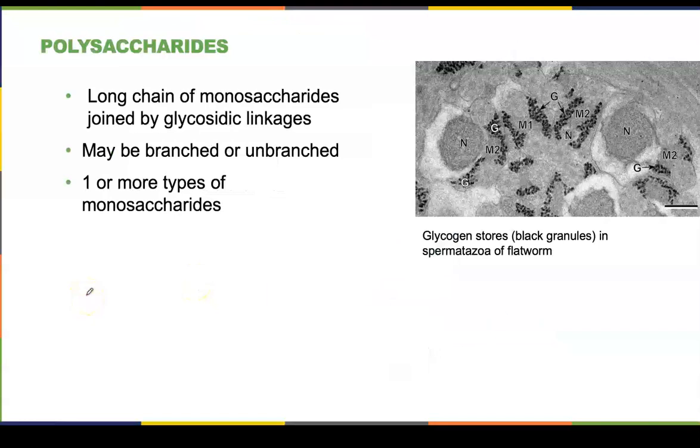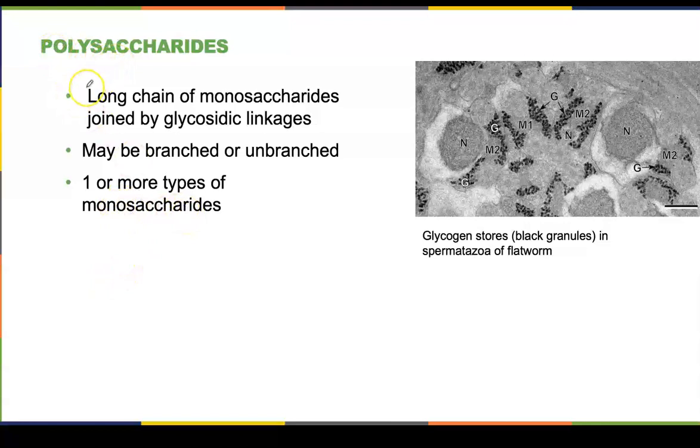We've talked about linking two monosaccharides into a disaccharide. As we start adding more monosaccharides onto that disaccharide, then we will have a chain of 3 or 4 or possibly many monosaccharides joined together. And we will use the term polysaccharide for these.